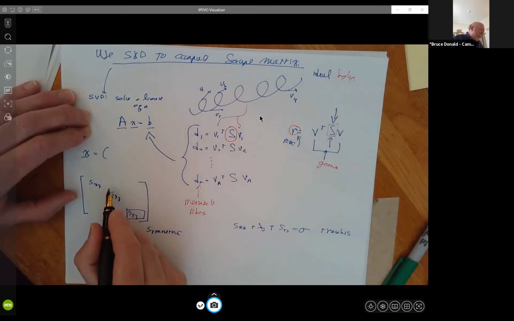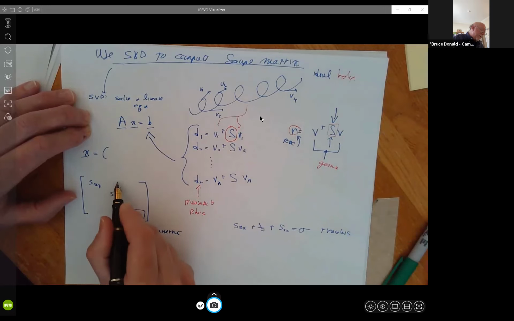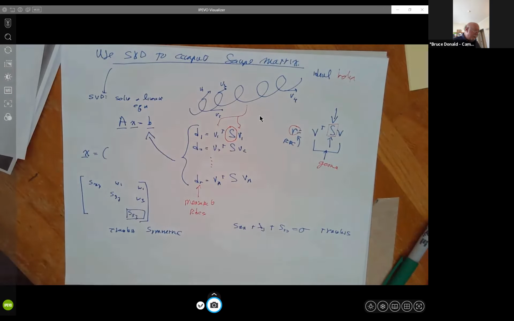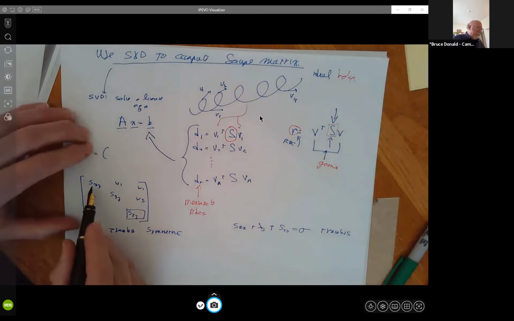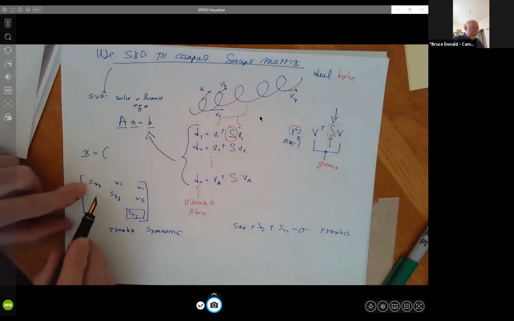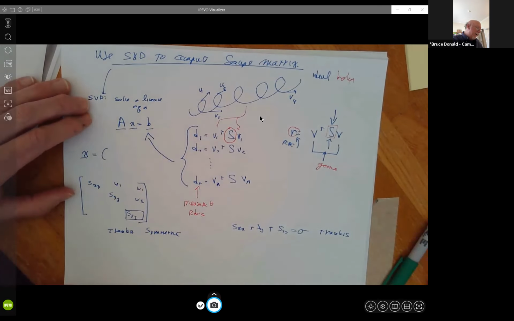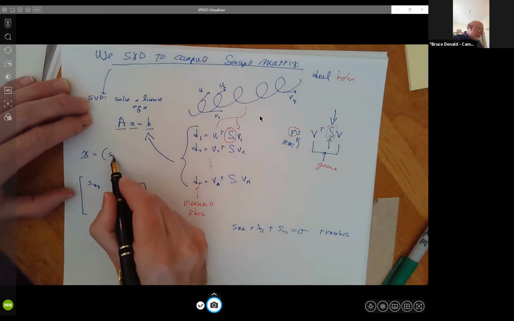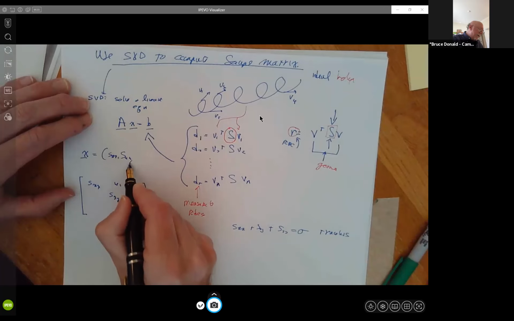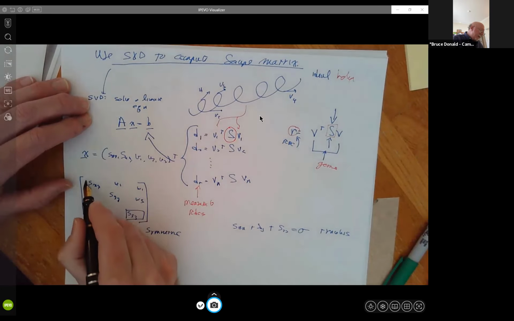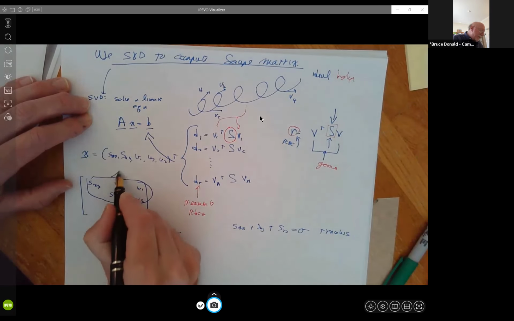And then I have these entries here. So I have an entry here, which I'll just call W1, then I have W2, W3. So the only entries that I need to have are these 5, because this one's determined by those 2, and these are symmetric over here. So my vector X is just SXX, SYY, W1, W2, W3 transpose. So it's just these entries here vectorized in this format.